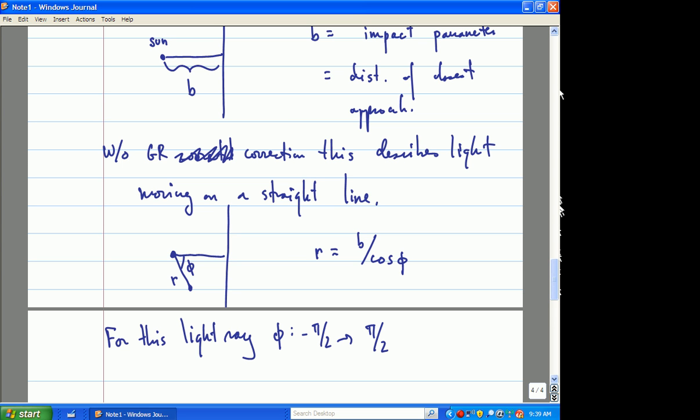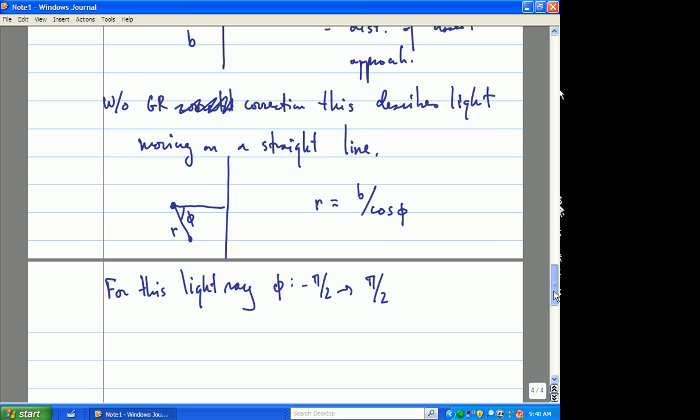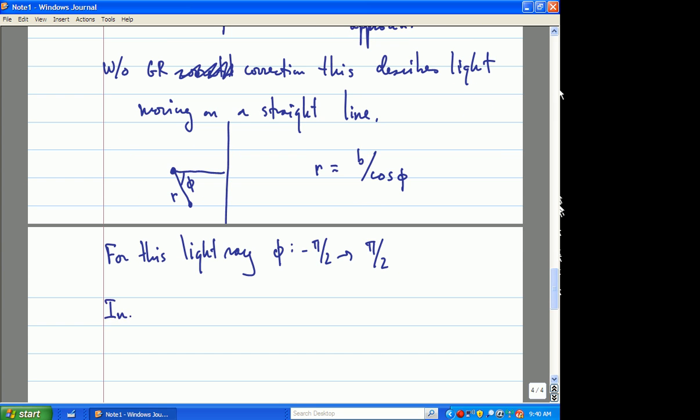Okay. So let's go ahead and compute the first perturbative correction. So in perturbation theory, we are expanding u is u naught plus u1 plus dot dot dot, and u is trying to solve the differential equation u double prime plus u is equal to 3/4 r squared over L squared times u squared.